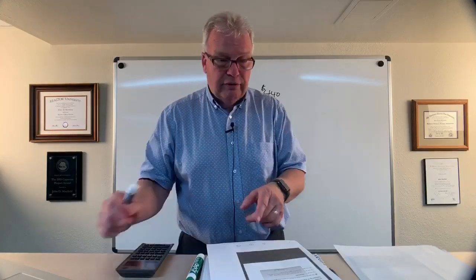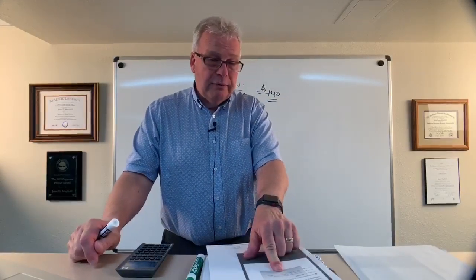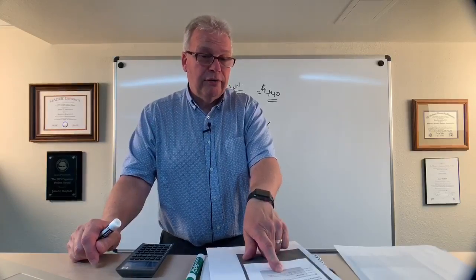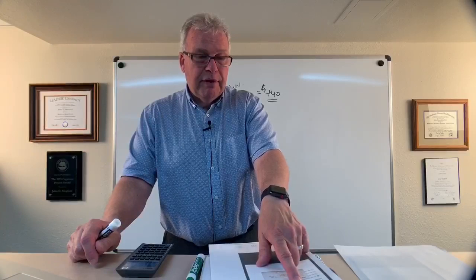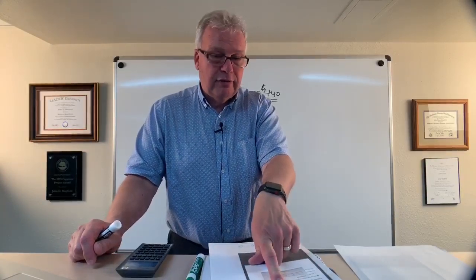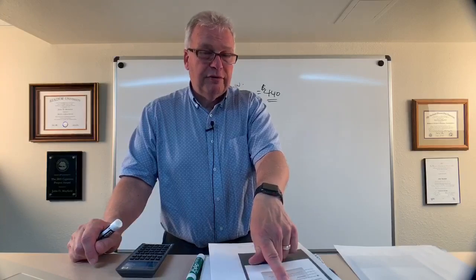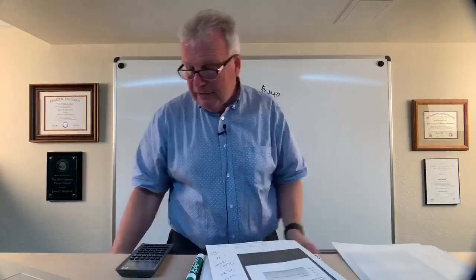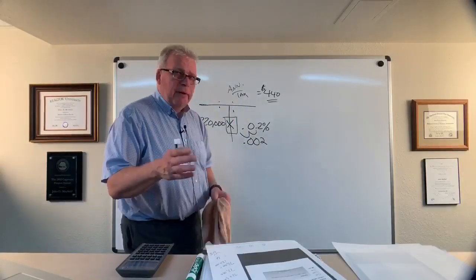So the correct answer is the ad valorem tax on Bard's property is higher than Carr's. Why is that? Because remember, Carr's was assessed at $75,000, Bard's was assessed at $92,000. So remember that ad valorem, hope I pronounced that correctly.